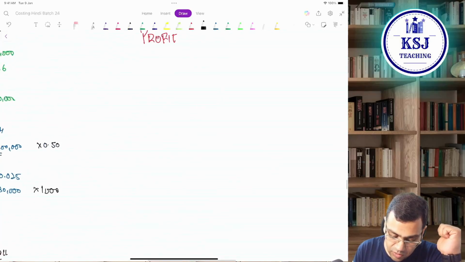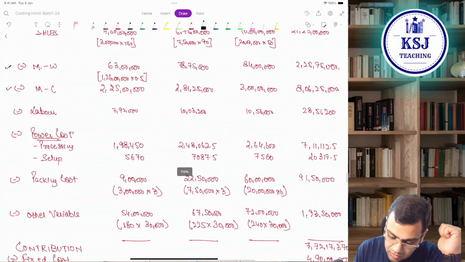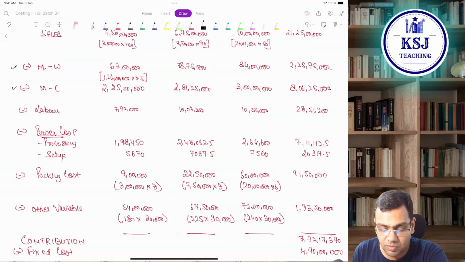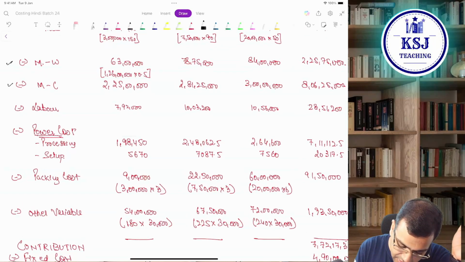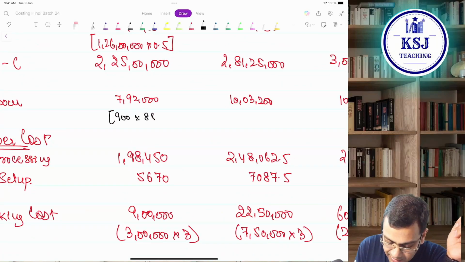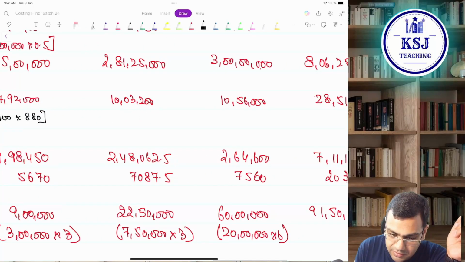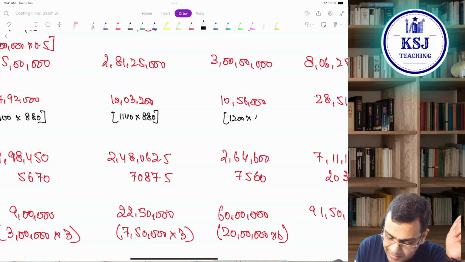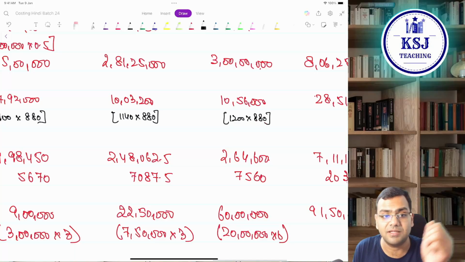That will give you the labor cost, right? So here we will be calculating 900 shifts multiplied by 880 per shift, right? Second is 1140 multiplied by 880. Third one is 1200 shifts multiplied by 880 rupees per shift, that is the payment.